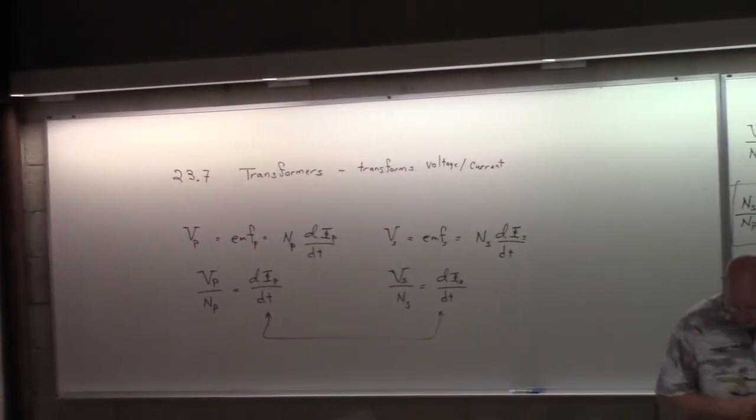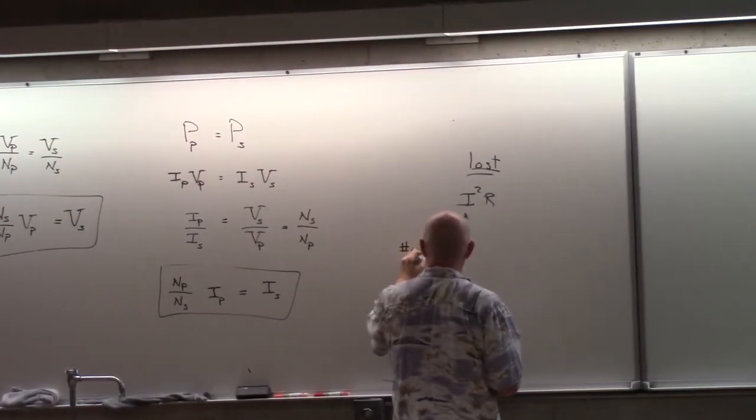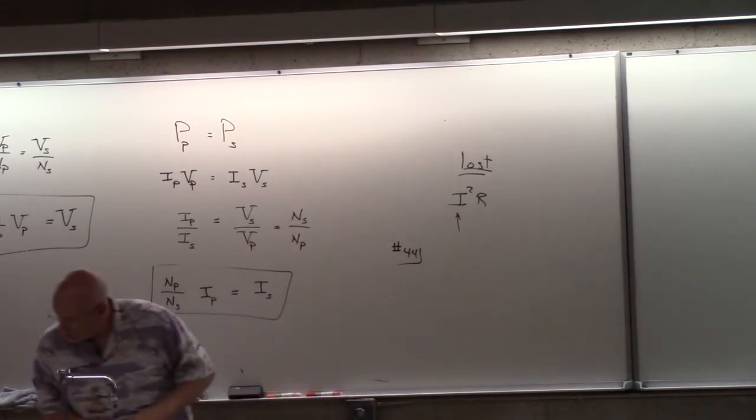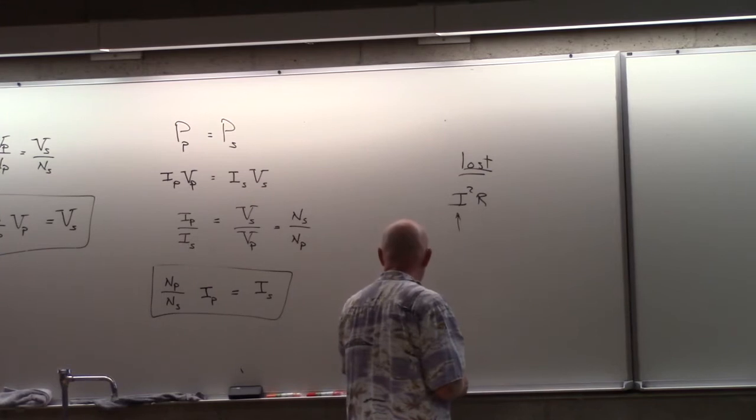All right, well, maybe this would be a good chance to do another example. Let's look at number 44. I've got two here, but we might run out of time, number 44 and 46, and see what we can get accomplished here.